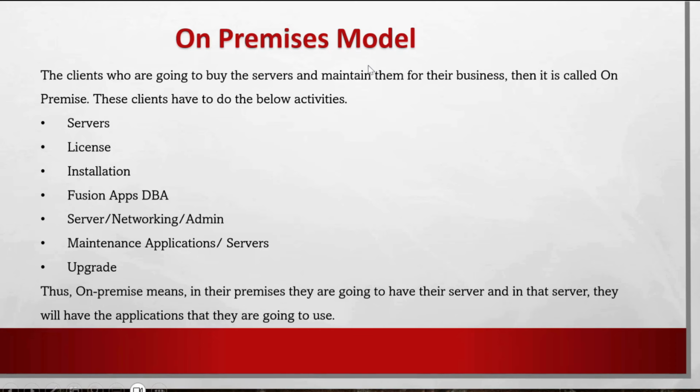Once any client feels that they want to buy the complete virtual server itself and maintain it by itself, then that option is known as the on-premise model. On-premise means in their premises, they are going to have their server, and in that server, they will have the applications that they are going to use.